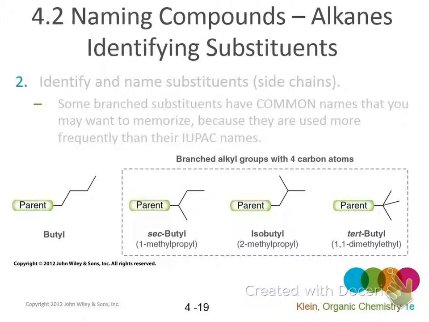So if you'll notice, this carbon is a tertiary carbon. It has 1, 2, 3 carbons attached to it in addition to whatever the parent chain is. So this name it gets is tert, which stands for tertiary butyl. This is also an accepted branched substituent in the IUPAC nomenclature.